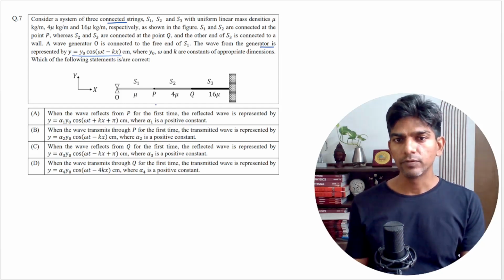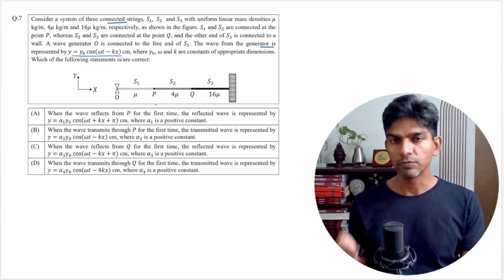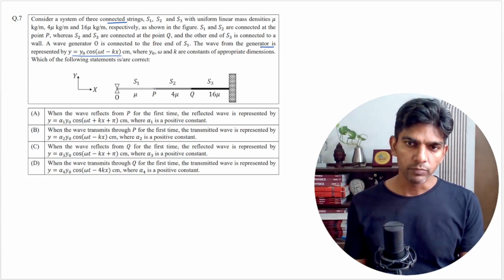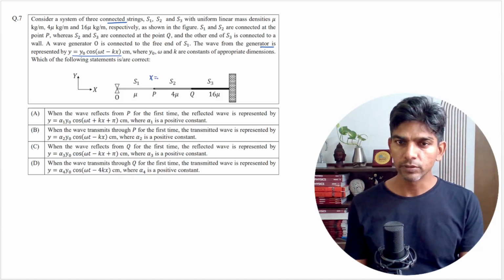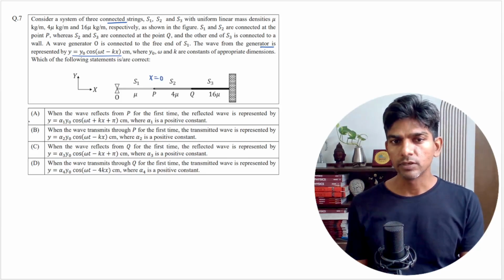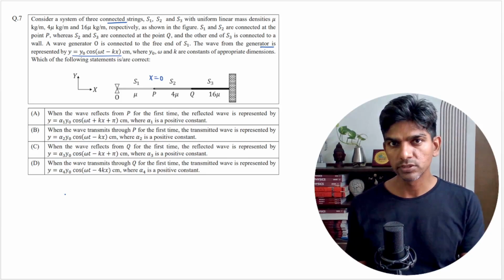Right, so here we have to take an assumption. If we are considering the junction P, we will assume that our origin is at this particular point. This assumption we have to keep in our mind, otherwise we won't get any of the options as correct.